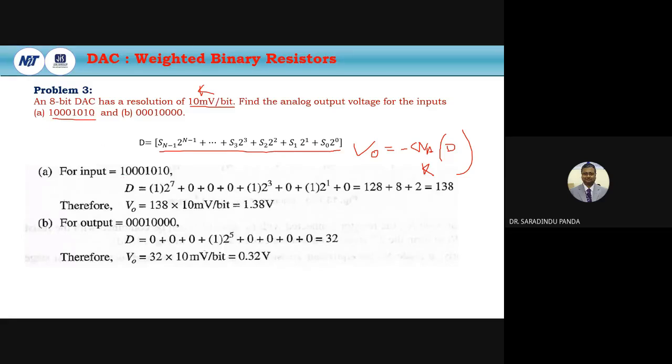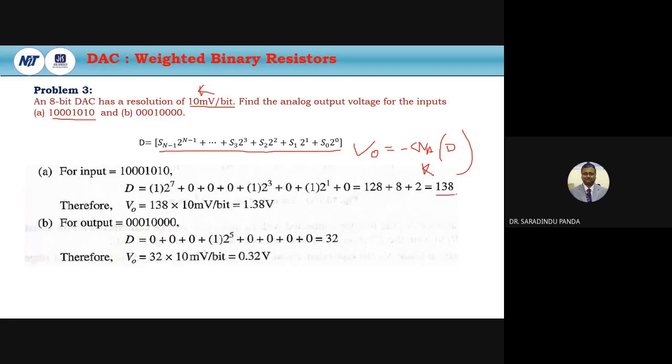So S0 is 0, S1 is 1, S2 is 0, S3 is 1, S4 is 0, S5 is 0, S6 is 0, S7 is 1. So put here 1, 0, 0, 0, then 1, then 0, then 1, then 0.